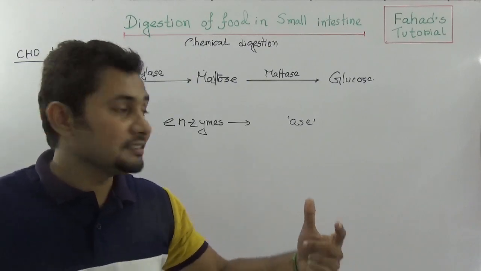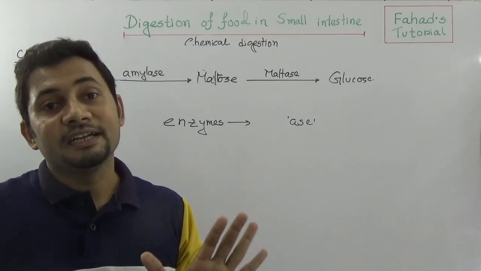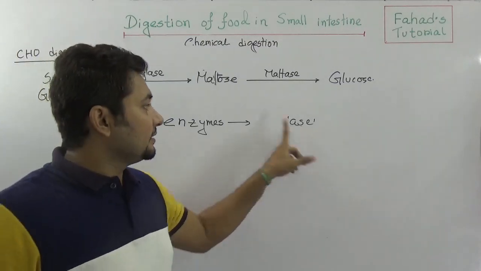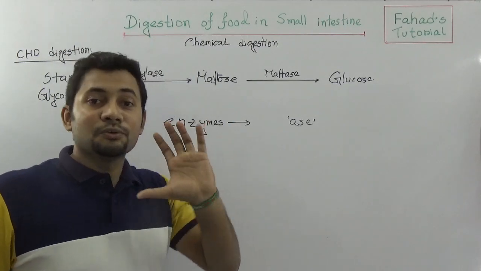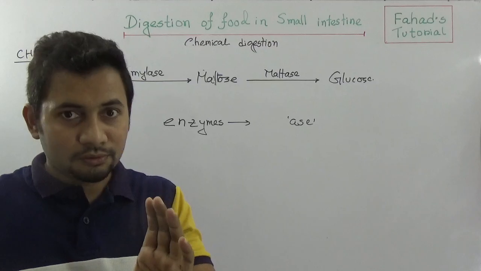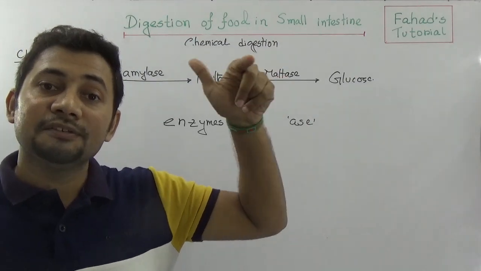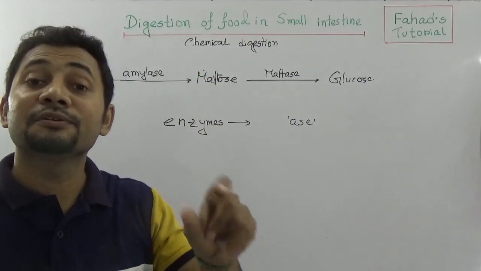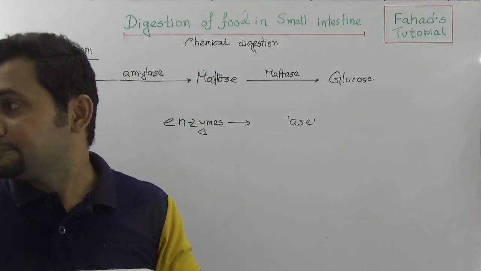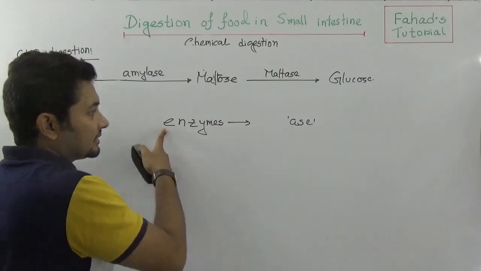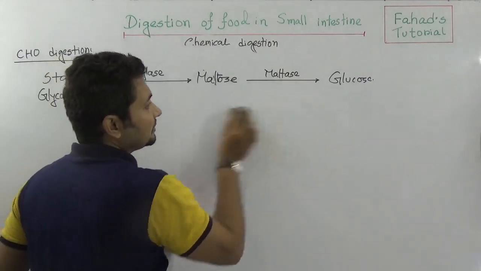So all the 'ase' endings are the name of the enzyme, and the compound it works on, like sucrose, is the substrate. Sucrose will be broken down into glucose and fructose by the activity of sucrase. So sucrase is the name of the enzyme. I hope you understand. In case of enzymes, 'ase' will be the thing.